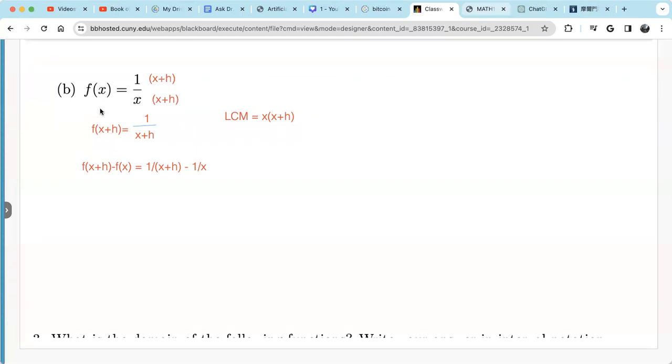Well, x plus h over x plus h is just 1, right? It's multiply by 1. So similarly, we multiply x over x for this one. Of course, we want to put parentheses around it. When we multiply by two terms, let's put parentheses around it.